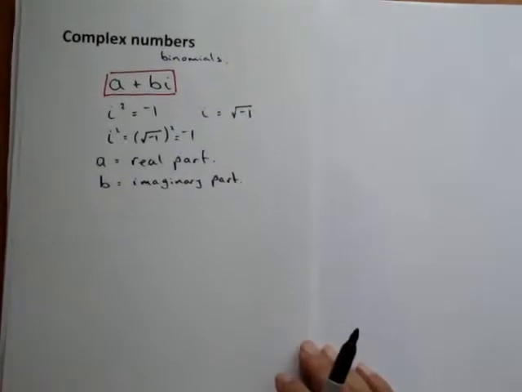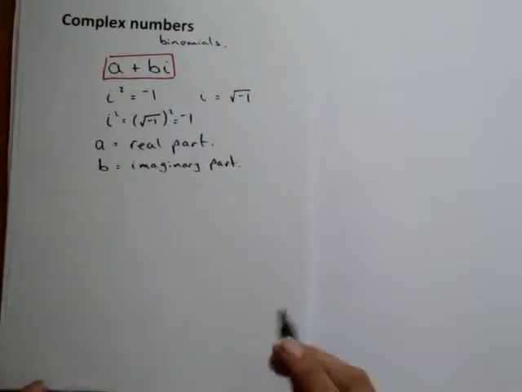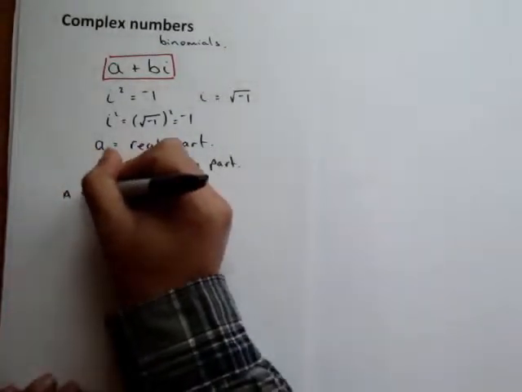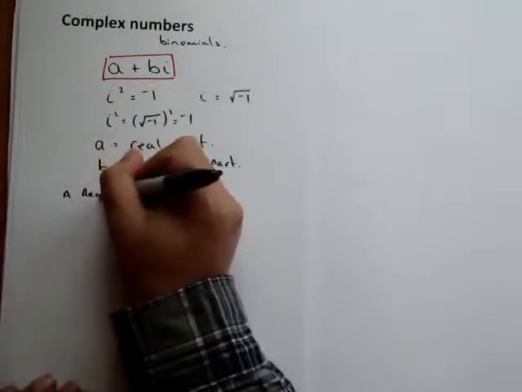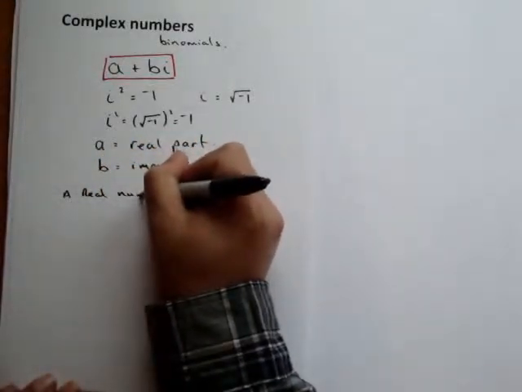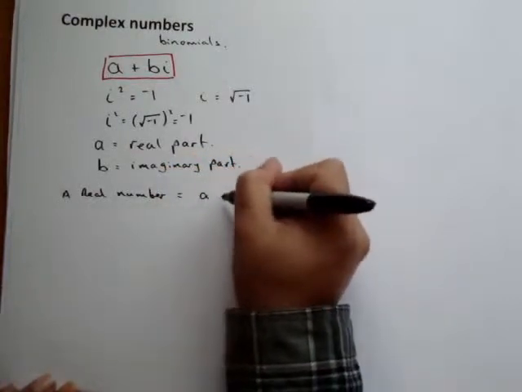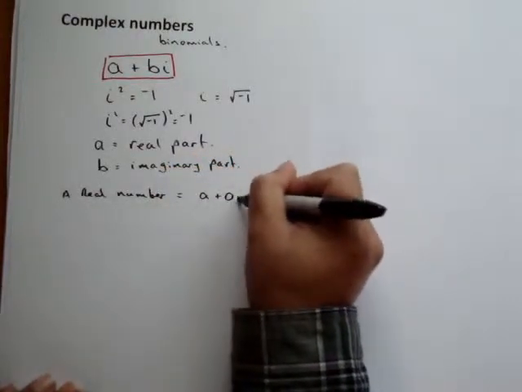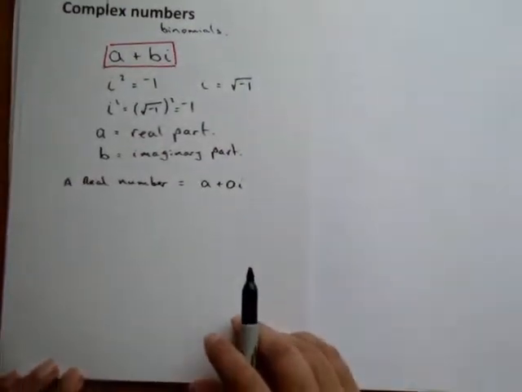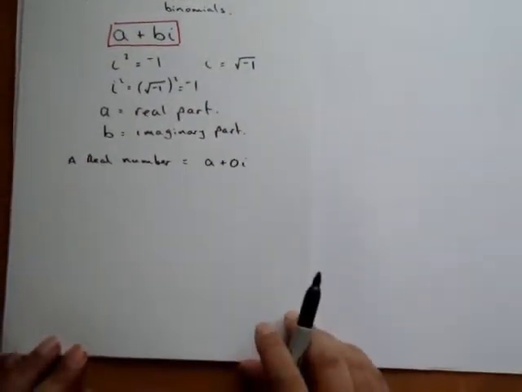So a real number can be expressed as a plus 0i. So let's have a little practice with that.